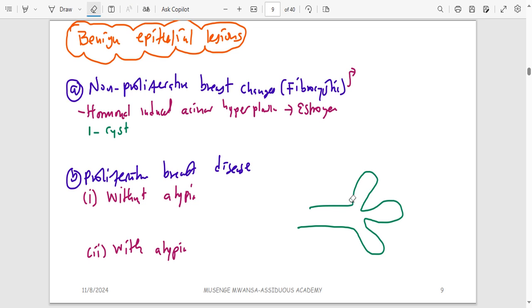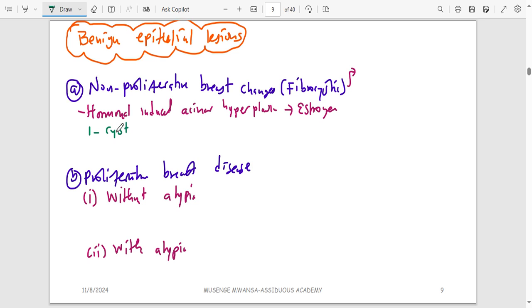So these lobules are getting to be filled with fluid, and so they are ending up being what? Dilating. So that is a cyst, number one. So this guy, a cyst, normally it will cause some concern when it is firm on palpation.